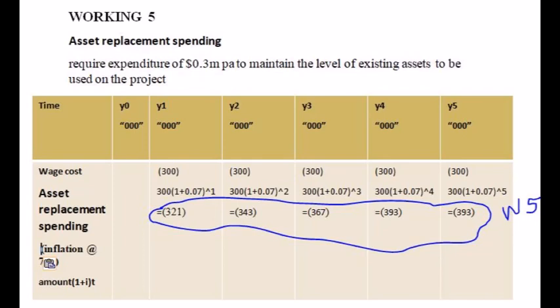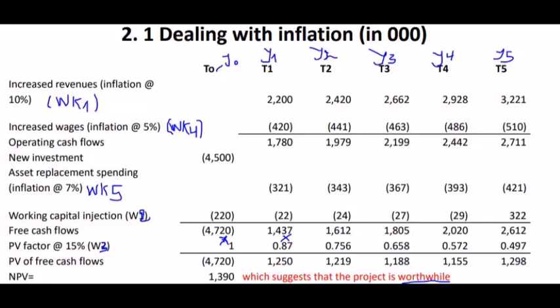Then we continue for our answer. As you see, this is time 0, time 1, time 2, and I'm going to put inflation. Remember the formula of free cash flow: revenue minus cost minus investment.